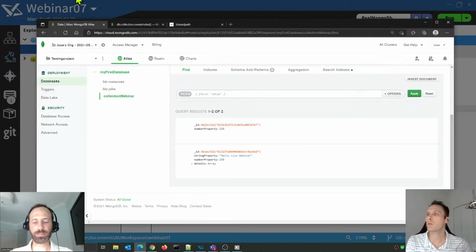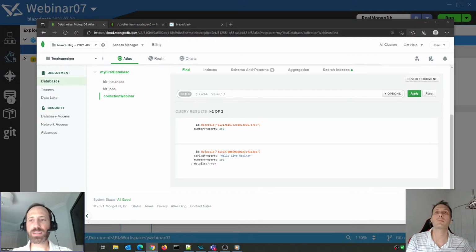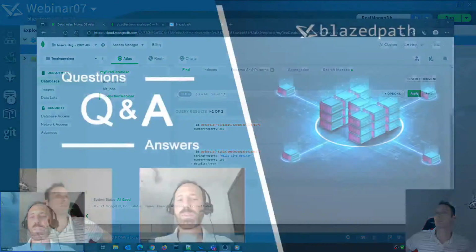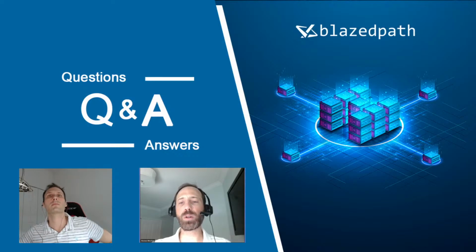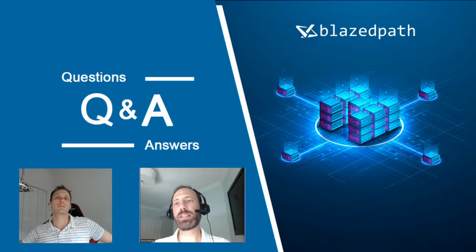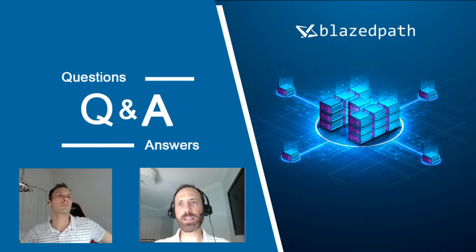I think I saw one more. Shruti asks another question about other types of non-SQL database support in Blazedpath. Yeah, I can answer that. Mongo is the main one so far.